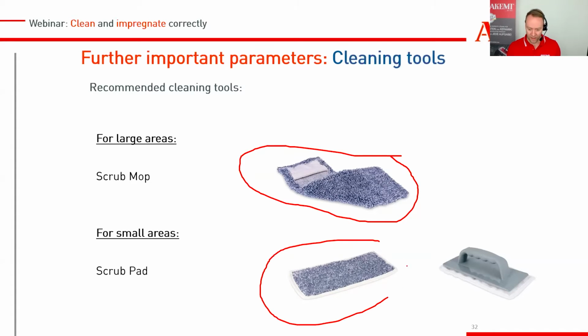We also have it in a pad for hand application with some hard, strong nylon brushes in it. And this combination, the microfiber mop brings a lot of cleaner and water on the surface. And with this nylon pad, you really scrub it. And with this microfiber cloth, you also absorb the dirt. It is a very effective way of cleaning.